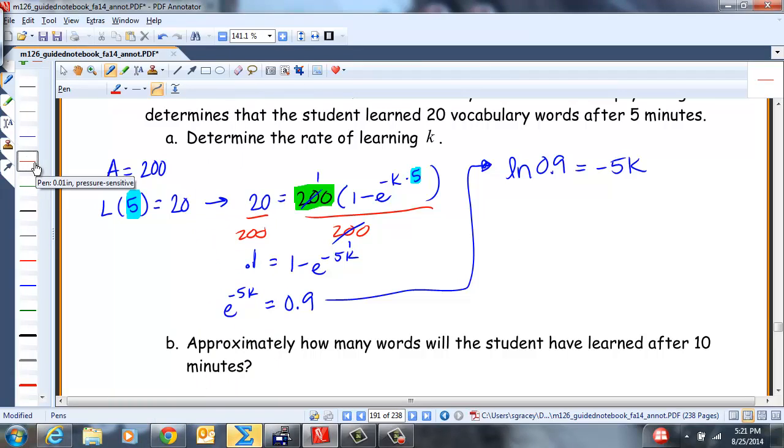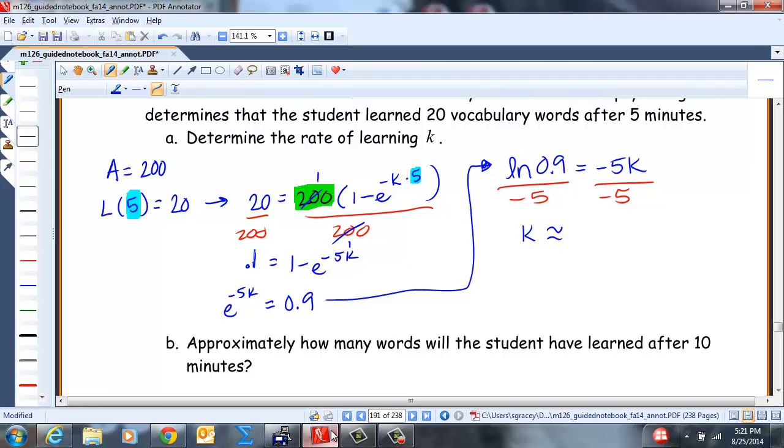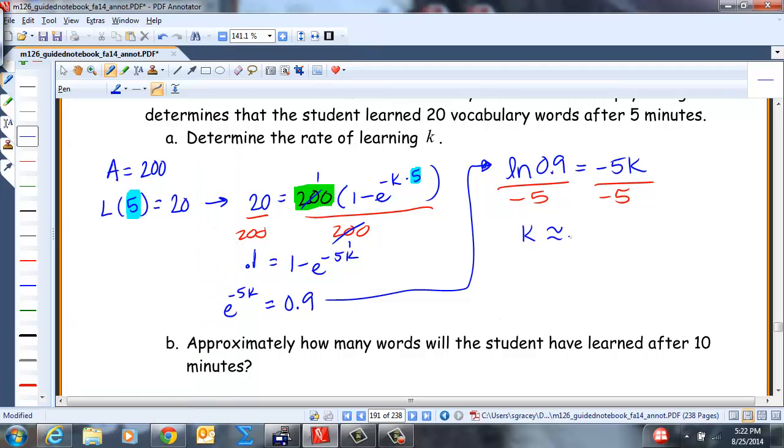If we divide both sides by negative 5, k is going to be approximately, so we need to have it be divided by 5, and this changes to 9/10. So let's see, to 4 digits, 0.0211.